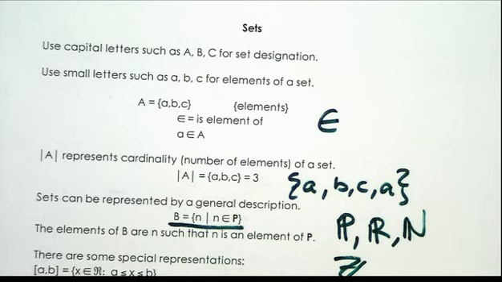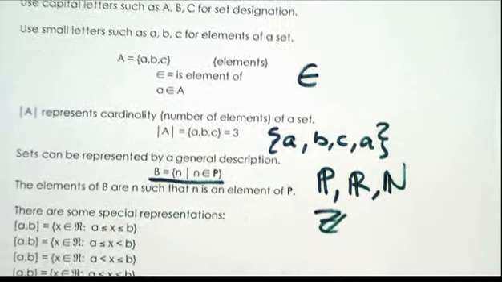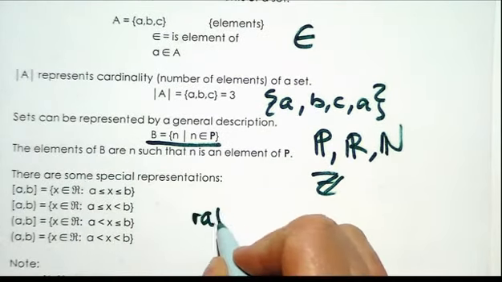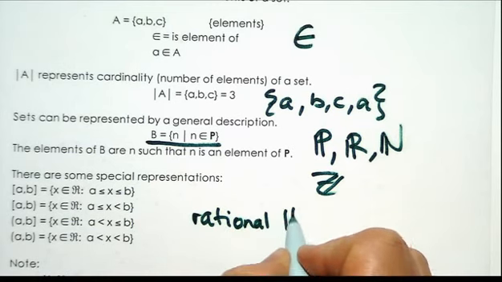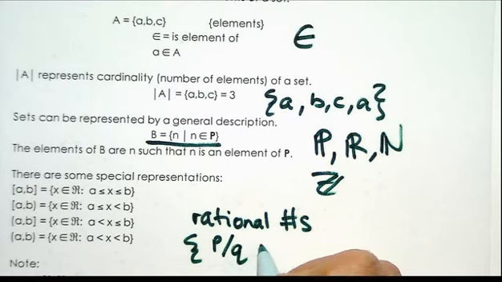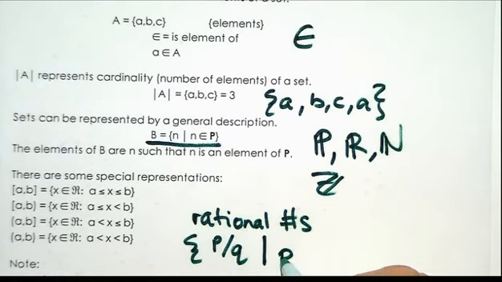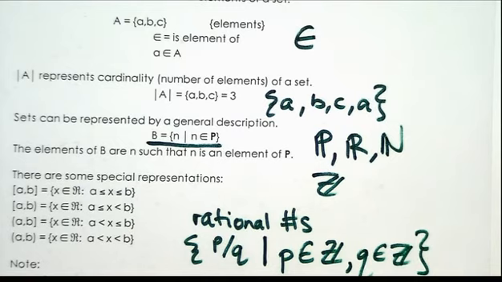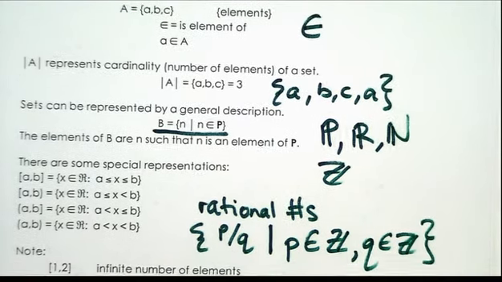Rational numbers can be represented as ratios of integers. So how would we write the set of rational numbers? So I would write it something like P over Q, where P is in Z and Q is in Z. So that is the set of rational numbers.